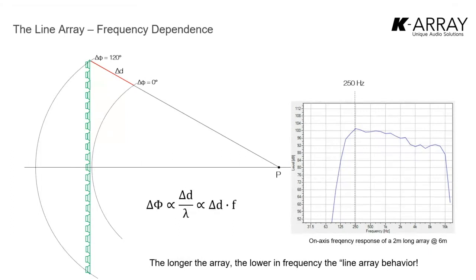But if you create a long array, like 4 or 6 meters, now you can really throw even the mid-low frequencies in the distance. And you can really control the beam and avoid sending too much energy on the ceiling, even at low frequency.